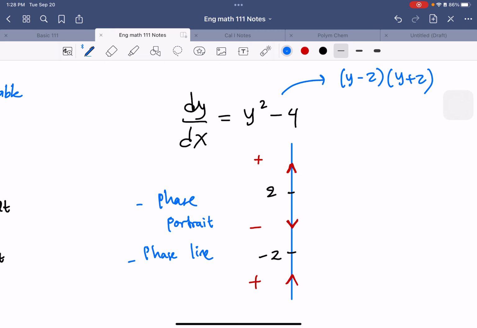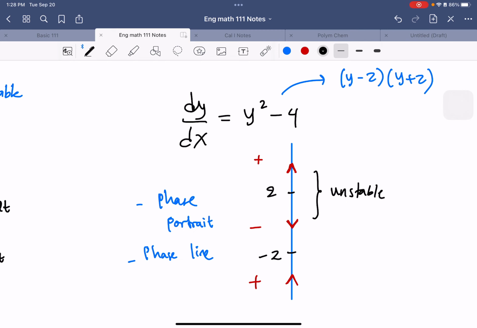They are repelling each other, right? So they are not stable. We call this unstable. So this part here is unstable. Okay? What is it?